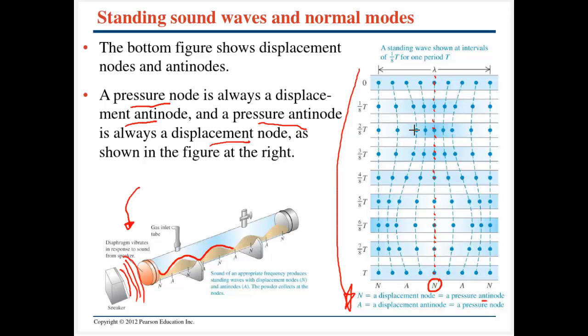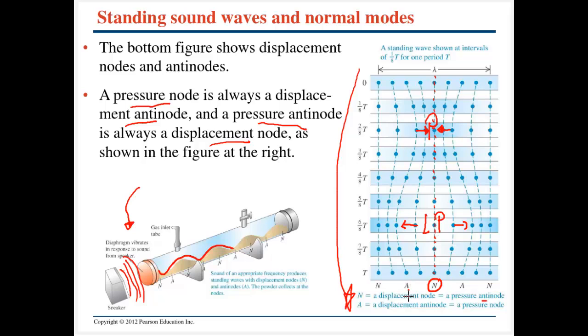Looking at the density of particles at this point right here, all the particles are being pushed towards this displacement node, and there's going to be a region of high pressure right here, so it's going to be a pressure antinode. Down here a little bit later, all the particles are being pulled away from this pressure node, and so this is going to be a region of low pressure, or a pressure antinode.